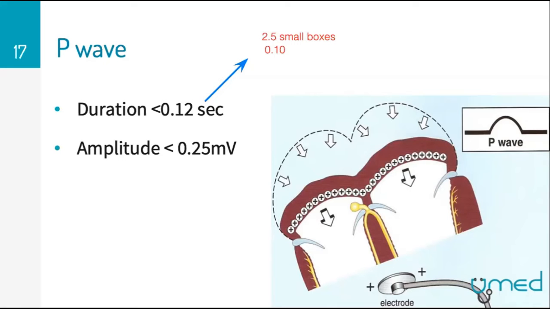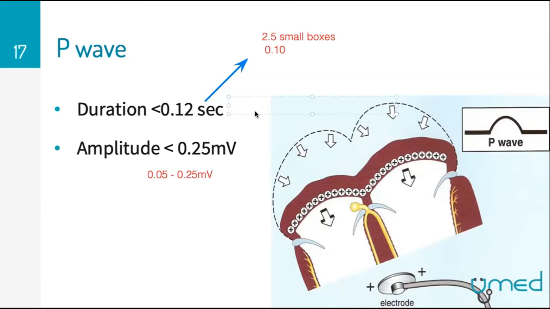Amplitude as well has a range. Amplitude should be somewhere along the lines of 0.05 to 0.25 millivolts, right? So there is a range, but I just put it like this because it's easier for me to remember. If you're studying, you can remember your range, but if you want a shorthand way of remembering things, you can think about it like this.